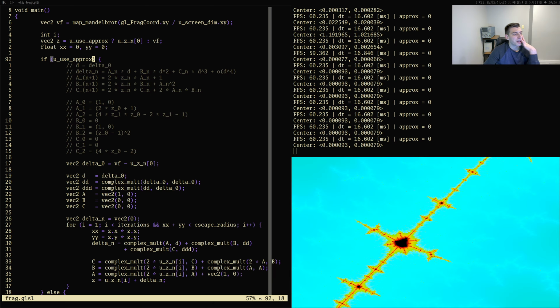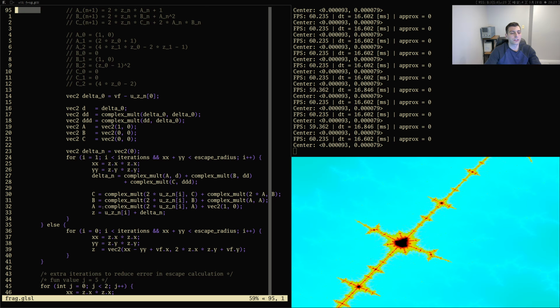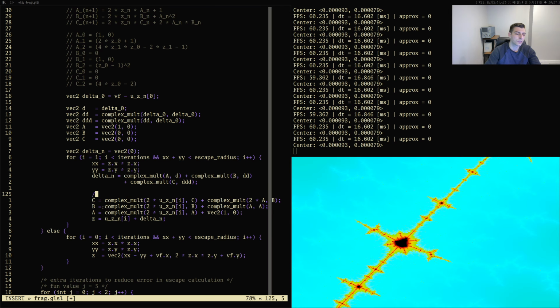paper. So for this approximation, the delta term, this equation is used to calculate the nth iteration. So we're calculating the next values, including this, right?